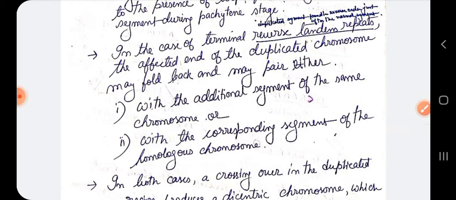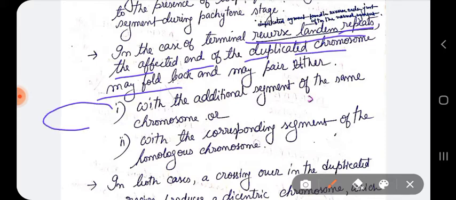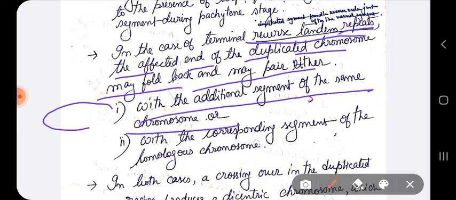If the chromosome has reverse tandem duplication, or it is written here reverse tandem repeats, the affected end of the duplicated chromosome will fold back and will try to pair with the additional segment of the same chromosome or with the corresponding segment of the homologous chromosome.